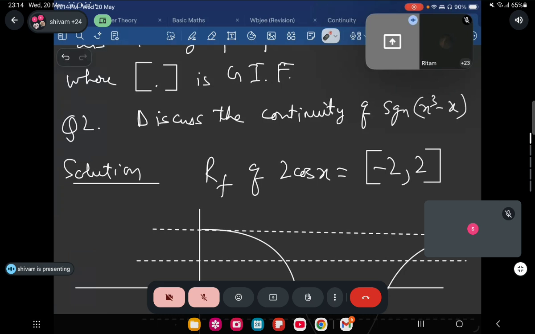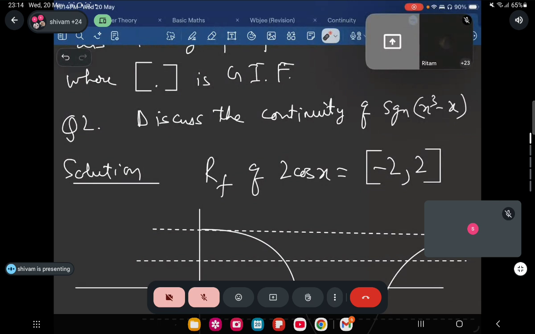This one is easy, everyone. Question number 2. Shubhangi, right answer.